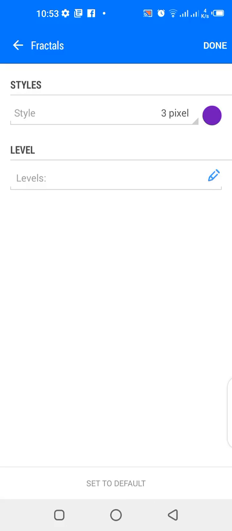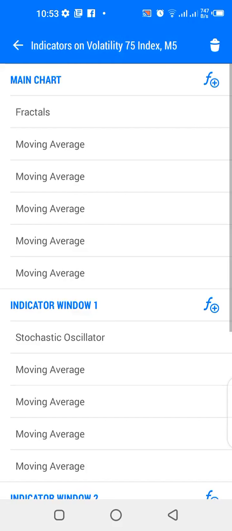If the fractal arrow is pointing downwards, that means price has touched a support level and it may go up. So fractals basically is for identifying the point of support or resistance, or basically the point of price rejection.